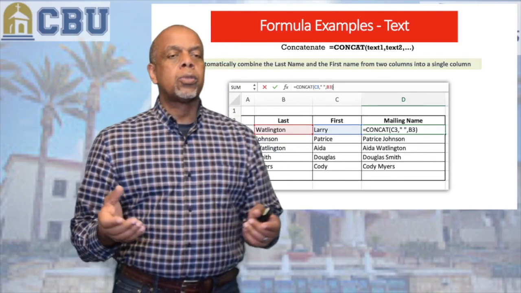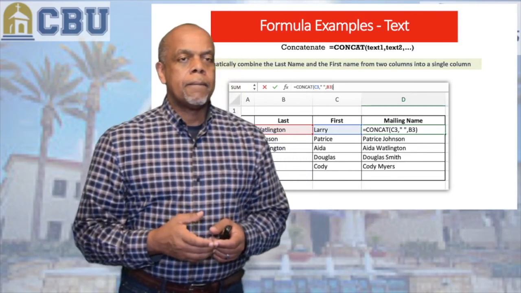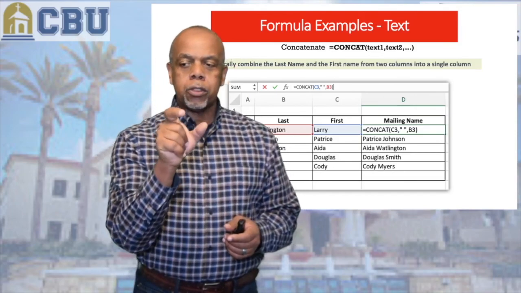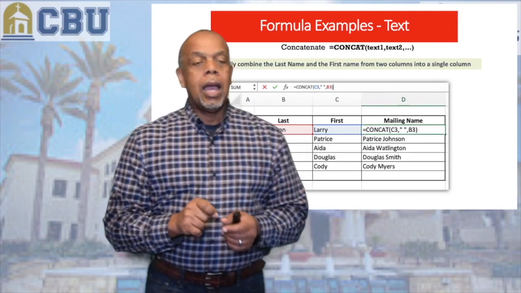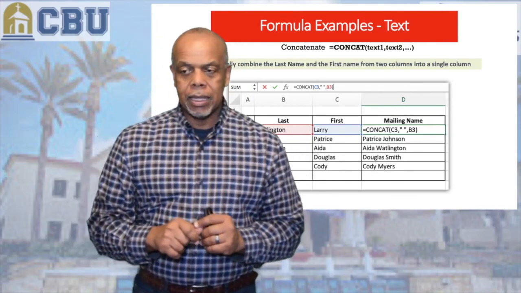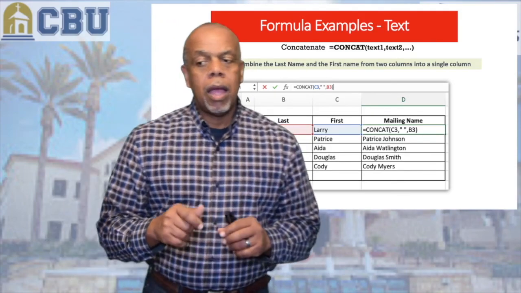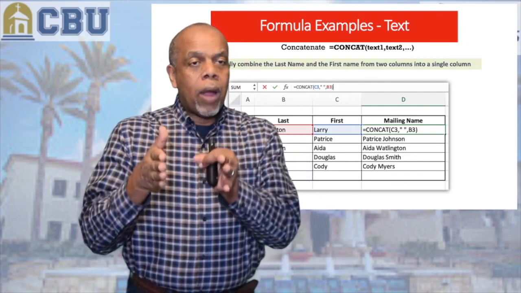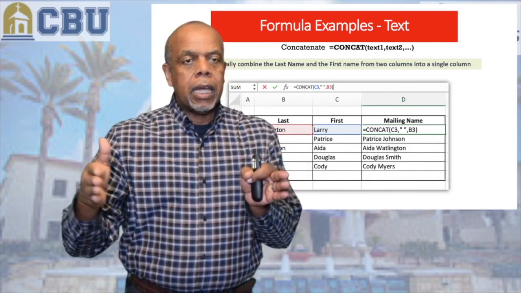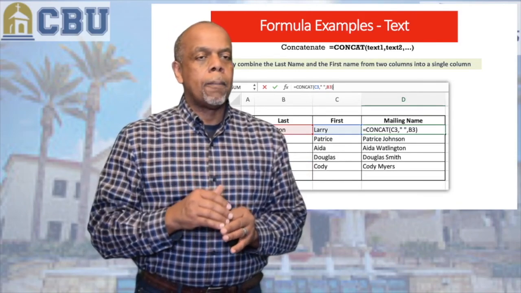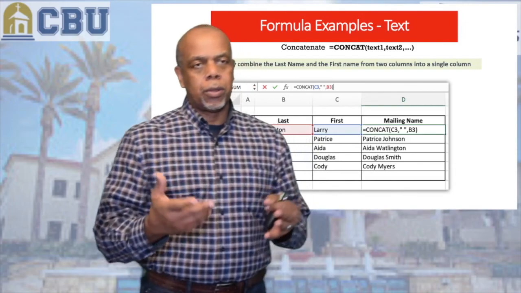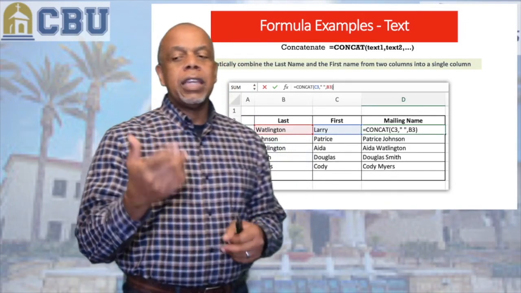Like, let's say a social security number, and you wanted to sort on the middle two. How would you do that? Well, using a text command, you're able to tell Excel where within a string of characters you want to sort from. So it's just a plethora, again, I love that word, plethora, of things that you can use it for.